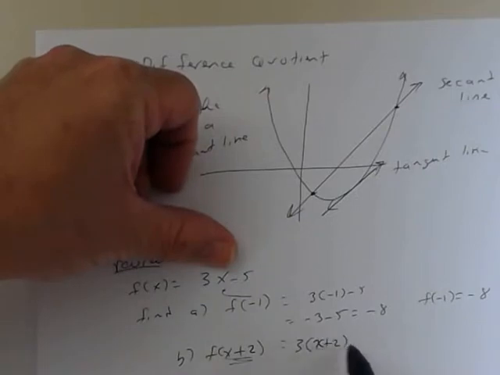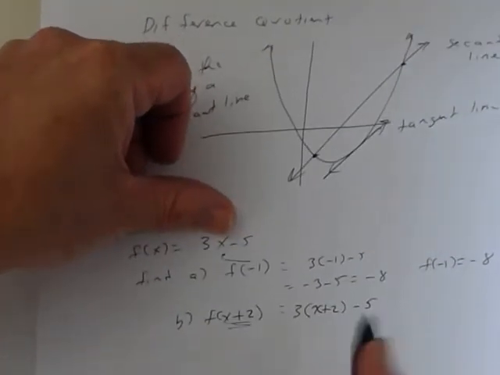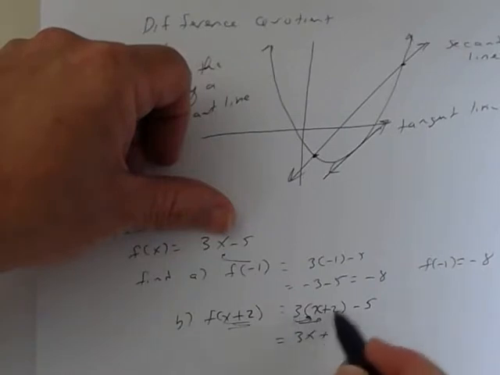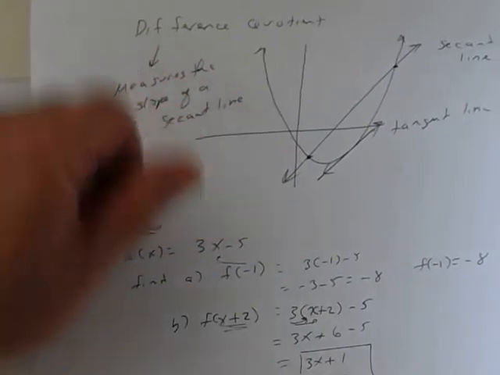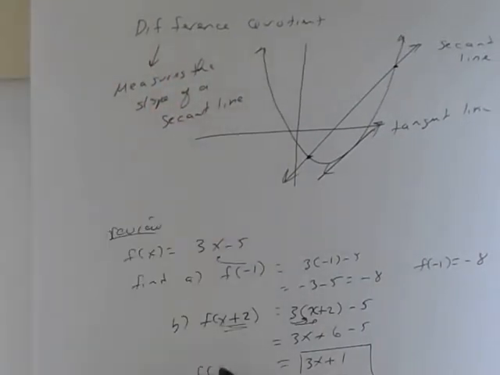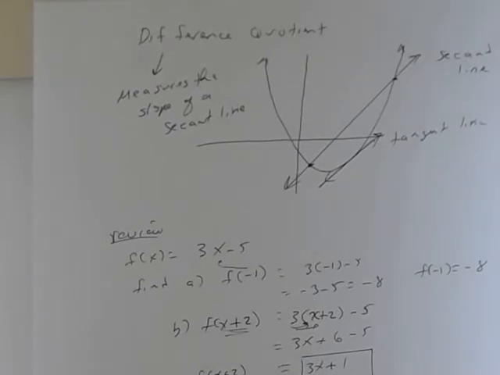X plus 2, and then subtract what? 5. Now, what else? You've got to go further from here. What are you going to do? Distribute. So you get 3x plus 6 minus 5, and then your answer is going to be what? 3x plus 1. So f of x plus 2 is 3x plus 1.